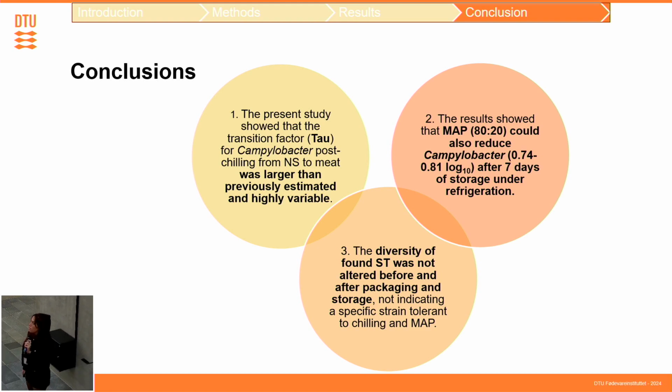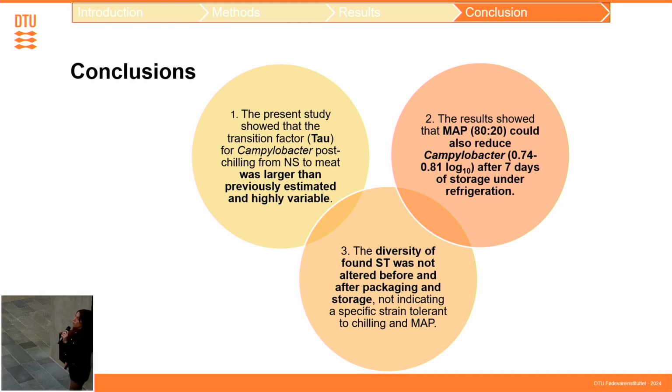So here you have the three conclusions. The message is that tau was larger than estimated. Of course, we expected that, because this is a real value in the slaughterhouse, and it is highly variable between flocks, products and everything. The MAP pack reduced Campylobacter by around 0.74 to 0.81 log.